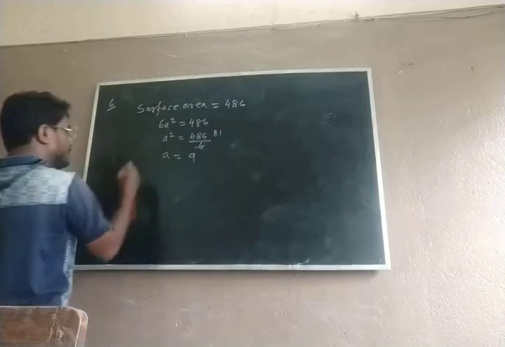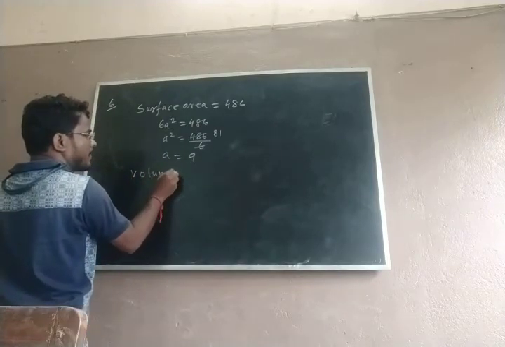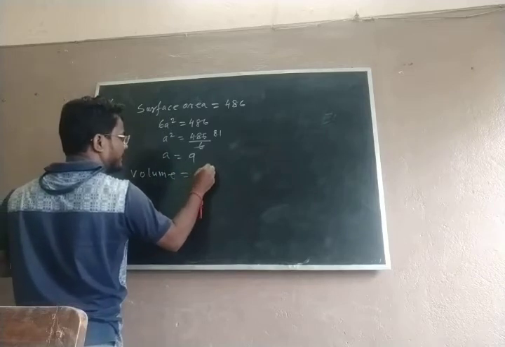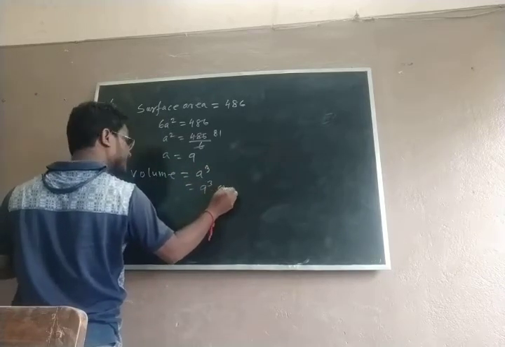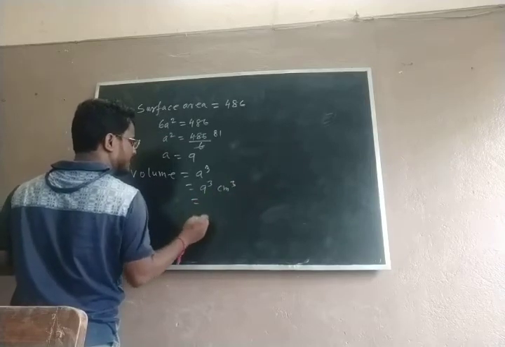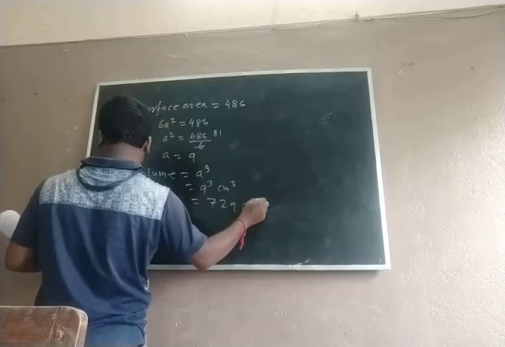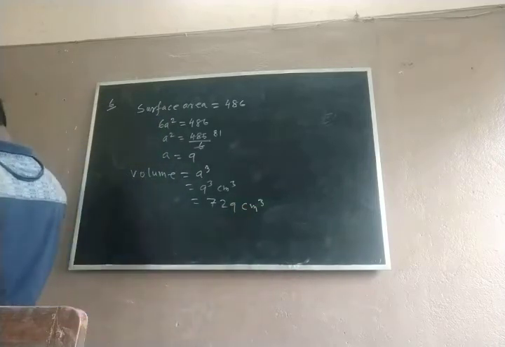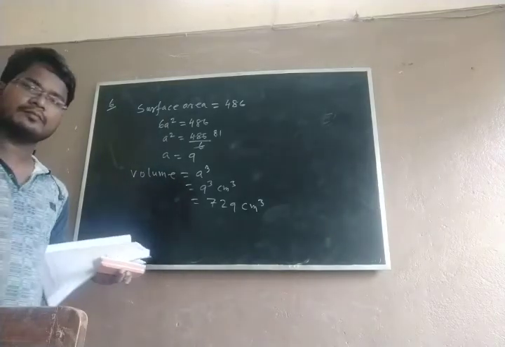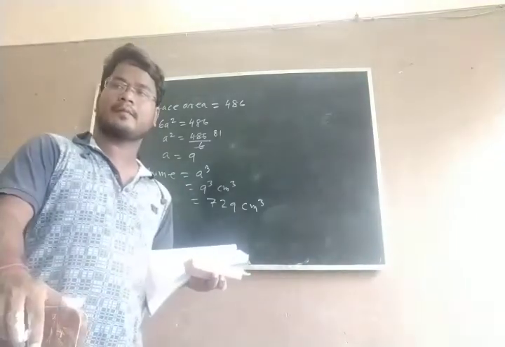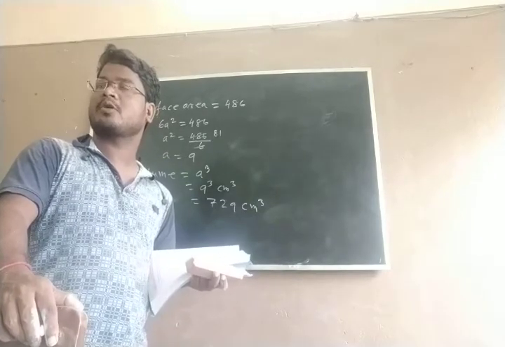This is the side of the cube. Now we have to find the volume. Volume equals a cube, 9 cube centimeter, which is 729. Right.